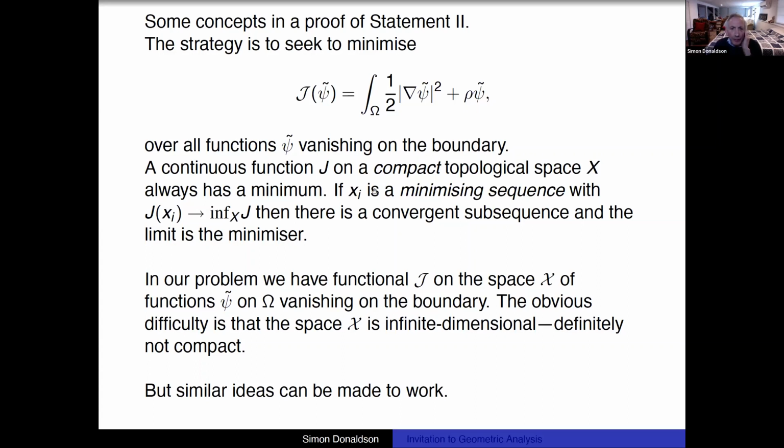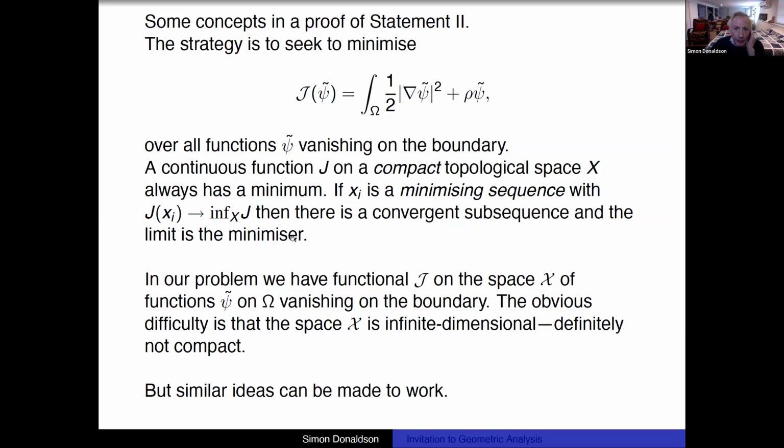We can take a minimizing sequence x_i of points in X such that the value J(x_i) tends to the infimum, which a priori could be minus infinity. Then because the space is sequentially compact, this sequence has a convergent subsequence. So we might as well suppose that the original sequence was convergent. And then it's easy to show that because the function is continuous, the limit is the minimizer that we desired.